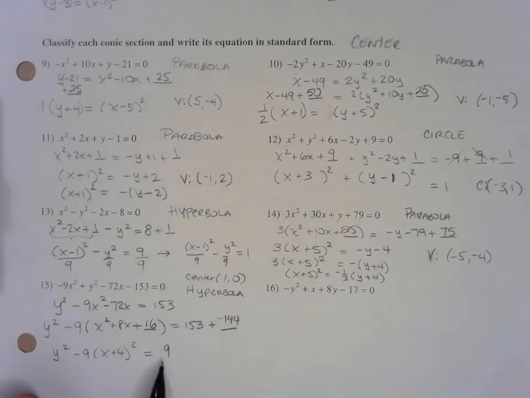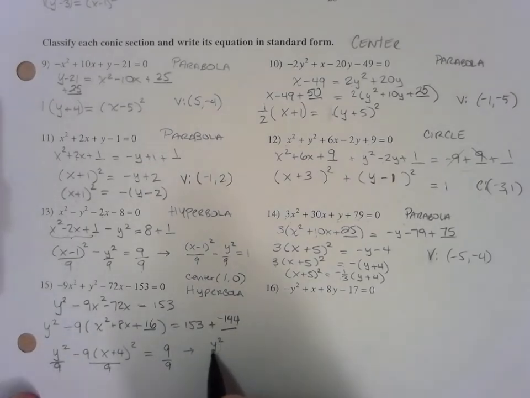Finally, a hyperbola always ends with a 1 on the other side of the equation. We're going to divide everything through by 9 and finish this off. Y squared divided by 9 minus the quantity x plus 4 squared over 1 equals 1.